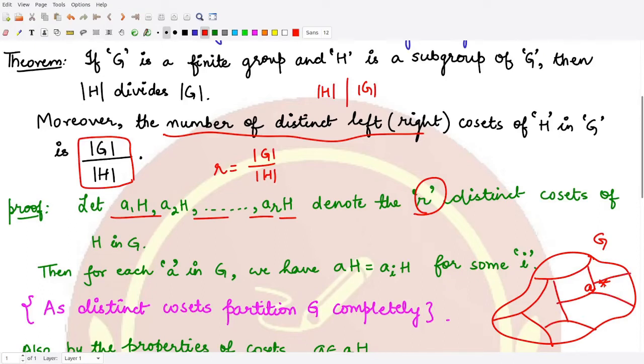So this A would be present in some coset. If you take any element from G, it would be present in one of the cosets.